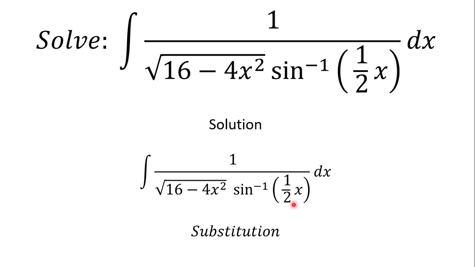But here we are not going to rewrite this before we do the substitution. In the other video I did that one, so here I'm not going to do that again.